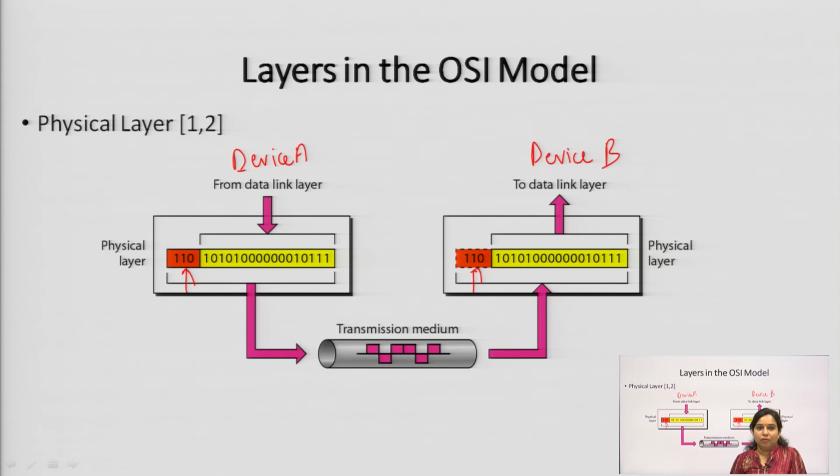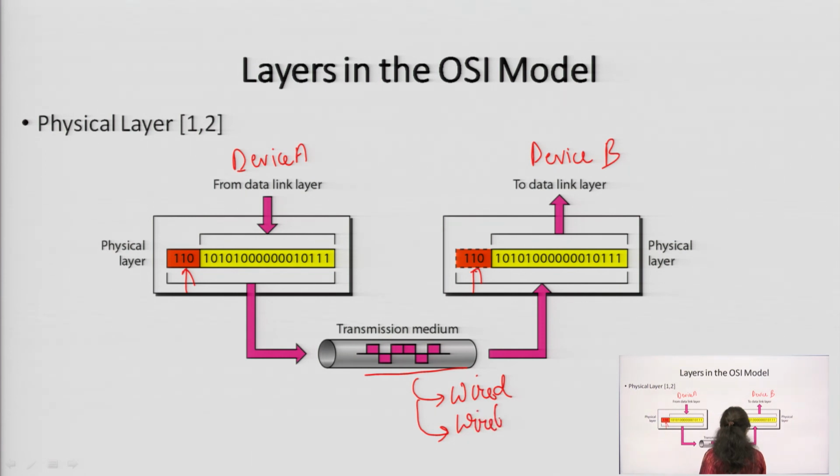Theoretically it is there, practically there will be a kind of delay, and then it is transmitted through this transmission medium. And I have said that there are two types of transmission mediums. First one is the wired transmission medium, another is the wireless transmission medium.